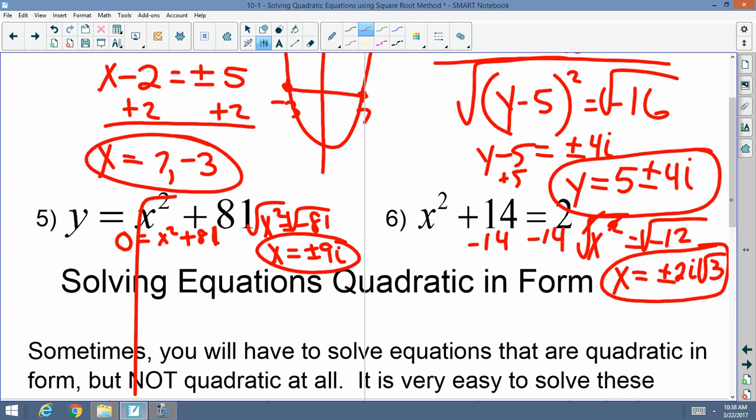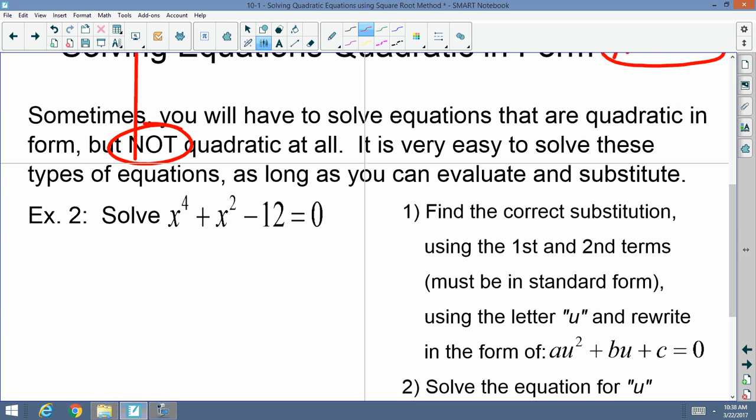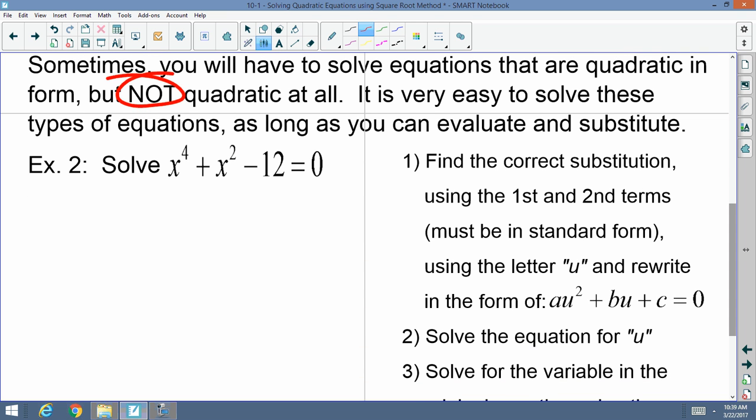It's very easy to solve these types of equations as long as you can evaluate and substitute. So bear with me, guys. All of us know how to factor. If we don't remember how to factor, I suggest going back to your notes and or lesson videos and relearn it, because you're going to need it.